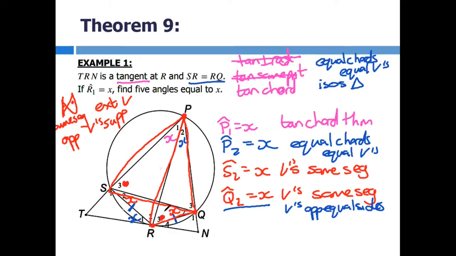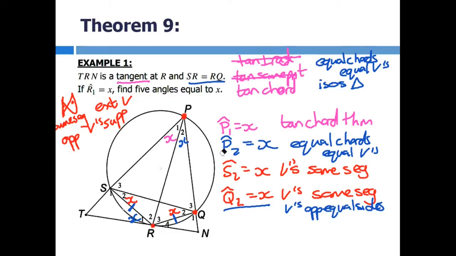And unfortunately, I don't know if R3 is going to be equal to X. We've got Q2 equal to X. So unless I can get that R3 is equal to X, we're not going to be able to say S3 is equal to X. Okay. So what else? I'm going to give you a hint. Remember, my surfer dude could stand on either side of the tangent.